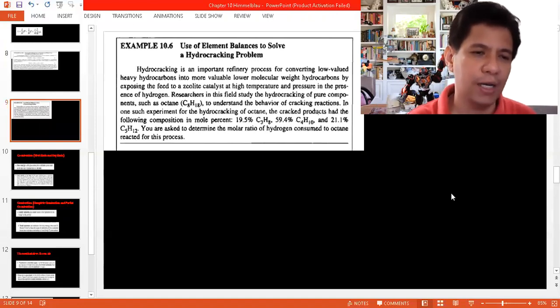For carbon balance, your only unknown would be the number of moles of octane in the reactant. And then for hydrogen balance, if you know the number of moles of octane, the only unknown is the number of moles of hydrogen gas. Since the question is the molar ratio, you just simply divide the number of moles of hydrogen by the number of moles of octane. That's how easy the problem is.